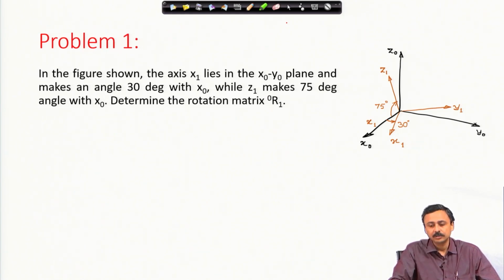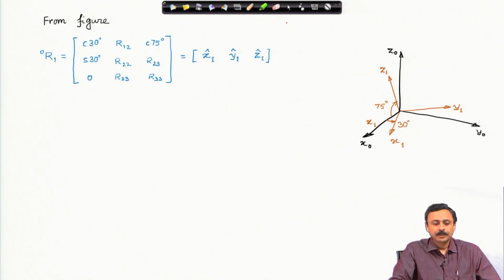Now, how do we go about solving this problem? Remember, what is the first column of R 1 to 0? It is the representation of the x 1 axis in x 0 y 0 z 0.